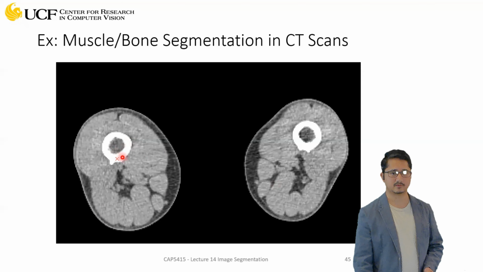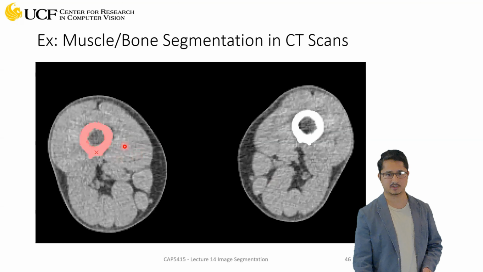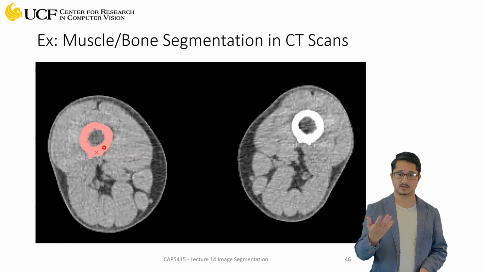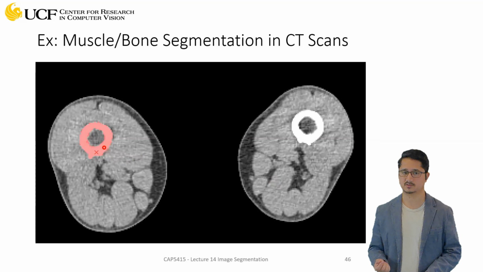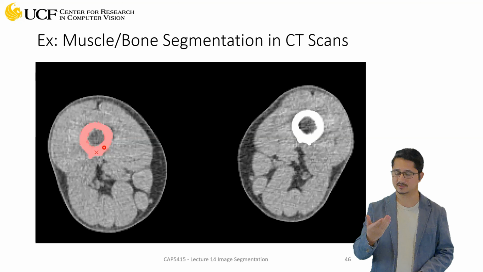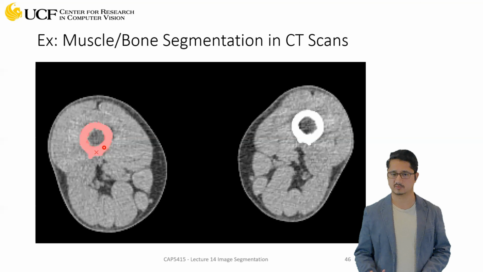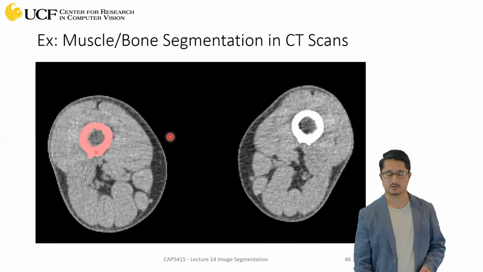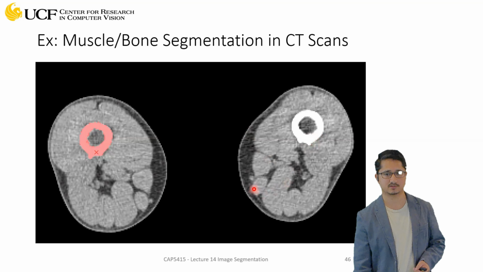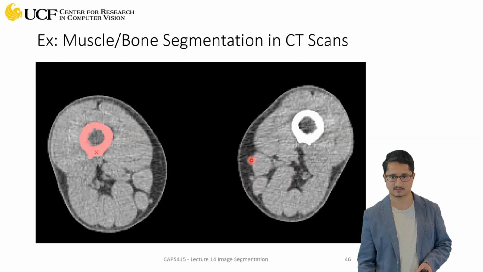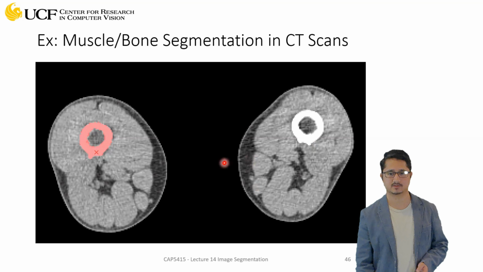If you're interested in this segment, you start at this location and you will get this segment. So you can see how this can be very, very useful for doctors. And in this case, having a random initial seed is not an issue because the doctor will know exactly which segment they are interested in. If they're interested in this segment, they can just select it. And then the algorithm will give the segment.